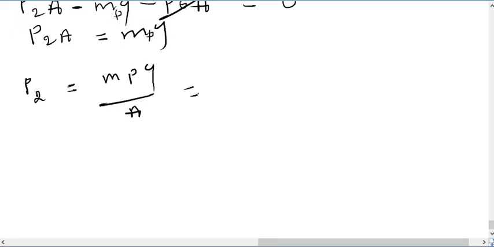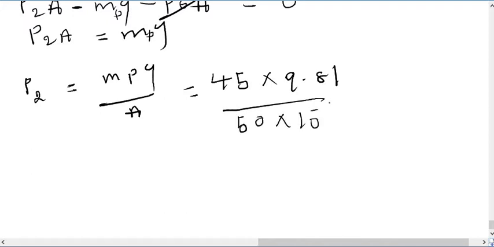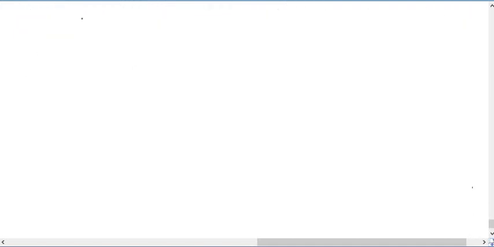So by substitution, the mass of the piston from the question is 45 times gravity, acceleration due to gravity, which is 9.81, all over the area, that is 50 times 10 to the minus 3, which is equal to 8.8 times 10 to the 4 Pascal, 1 Newton per meter square. So now we get the final pressure.